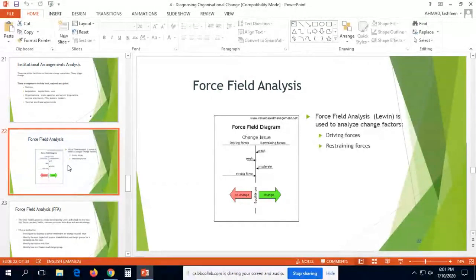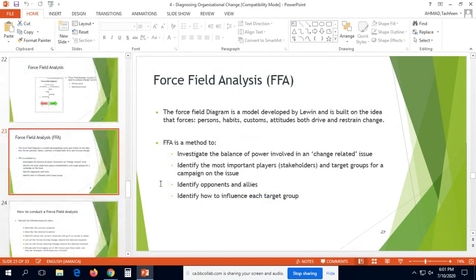In that, you are trying to bring some equilibrium, or come to a consensus that this is how we are going to do the thing. If the people who are saying no to change are more forceful or more powerful, then the change will not happen, something along those lines. So please look into that.